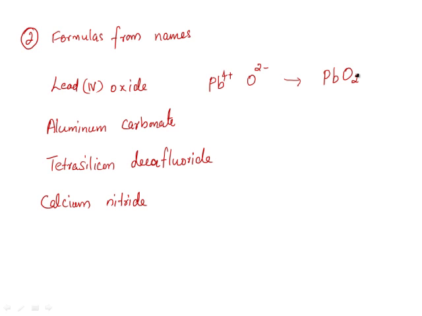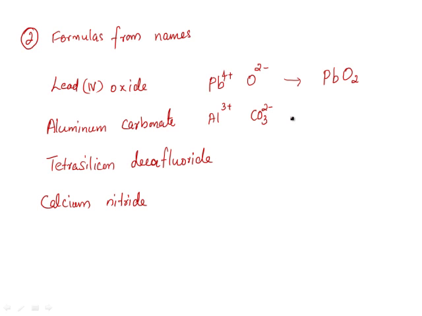Next one, aluminum carbonate. Aluminum is in which group in the periodic table? Group 3. Therefore, what is the charge of aluminum? 3 plus. Find the carbonate ion from your ionic chart. What is the formula? What is the charge? The formula of carbonate ion is CO3 2 minus.